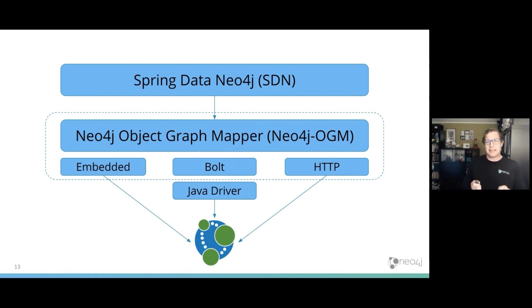So SDN depends on and uses all the methods that are exposed in Neo4j OGM to access the database. If you want to compare it with, for example, Spring Data JPA, it's like you have a JPA implementation like Hibernate in between your database and your Spring Data module.